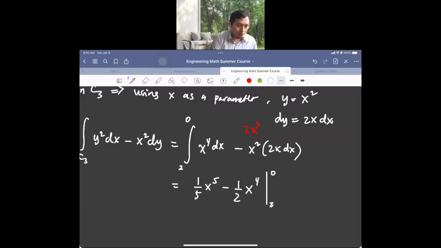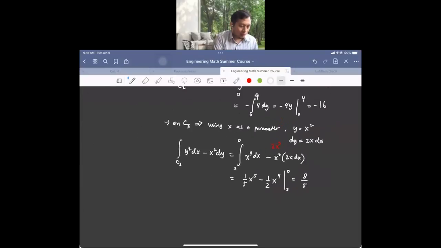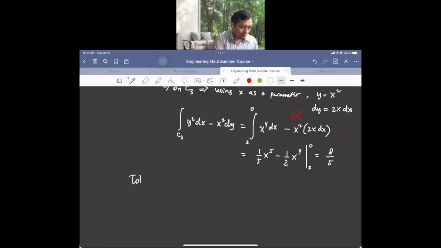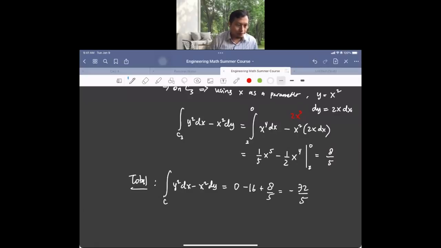And then from 2 to 0. And you can compute this, and it is 8 over 5. So the total, 0 minus 16 plus 8 over 5, is going to be negative 72 over 5.